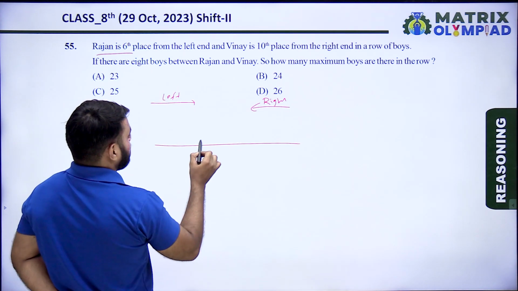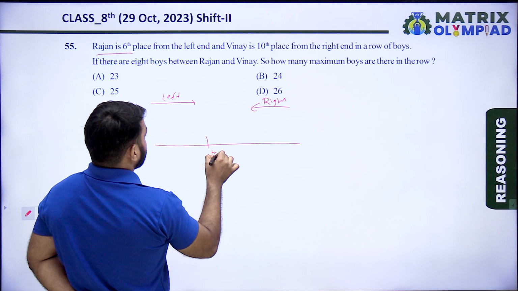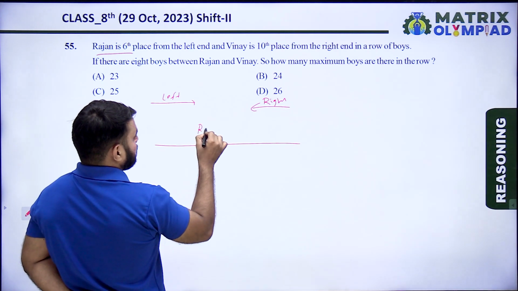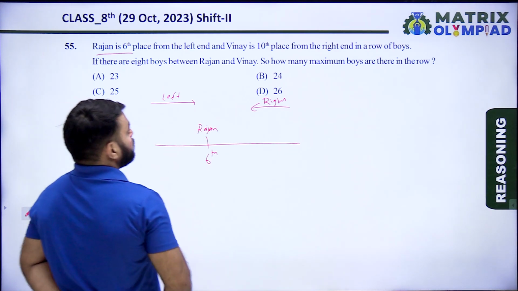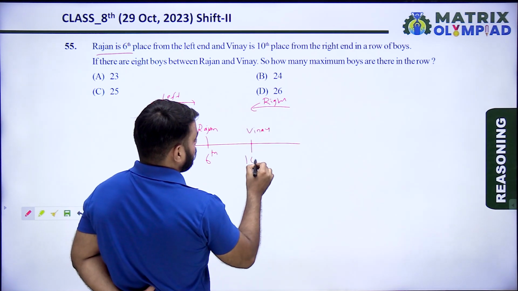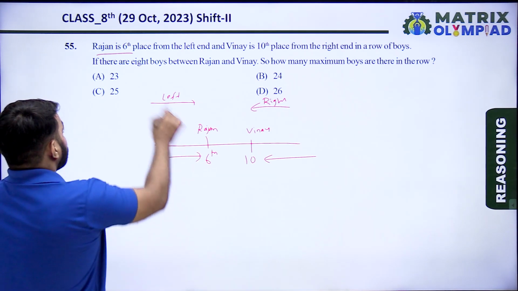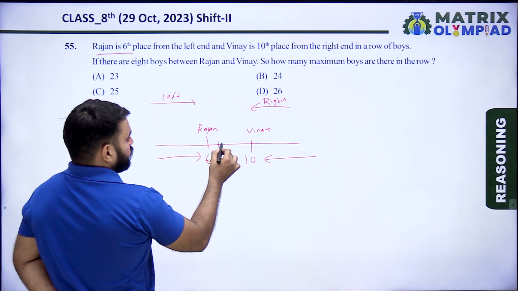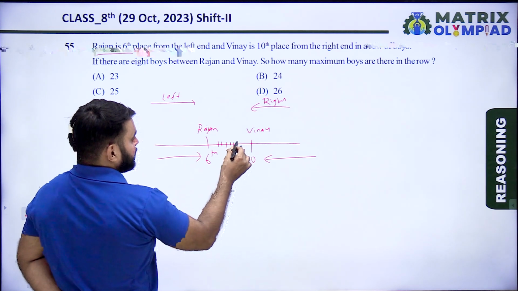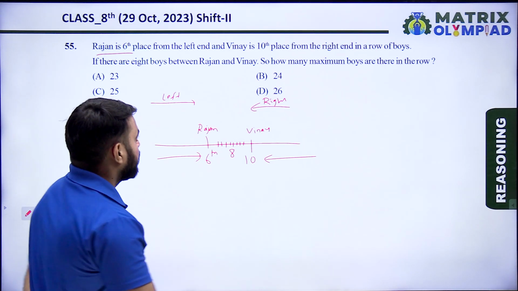Rajan is 6th place from the left, and Vinay is 10th place from the right. If there are 8 boys, 1, 2, 3, 4, 5, 6, 7, 8, between Rajan and Vinay.